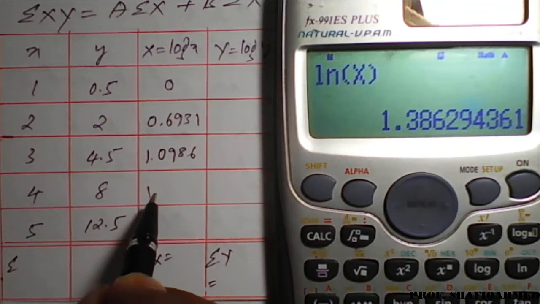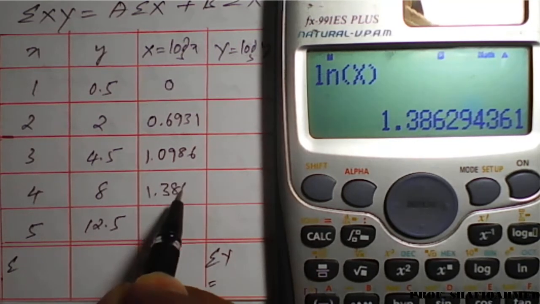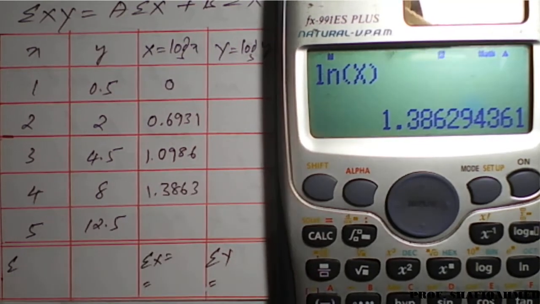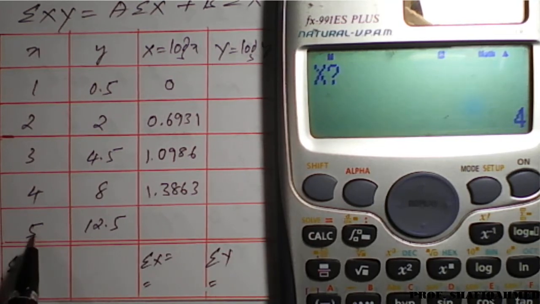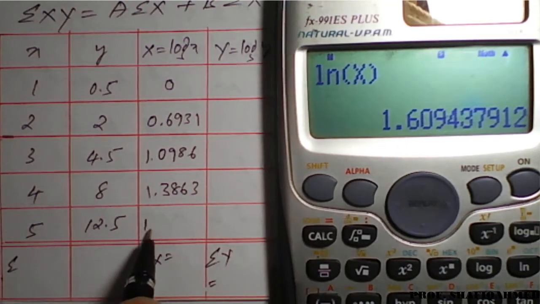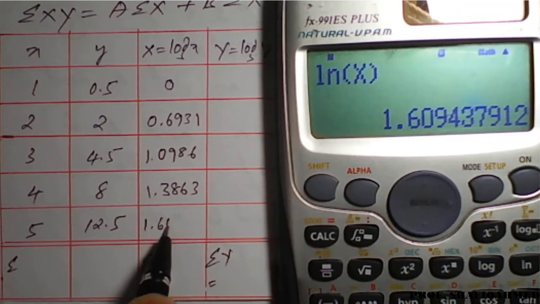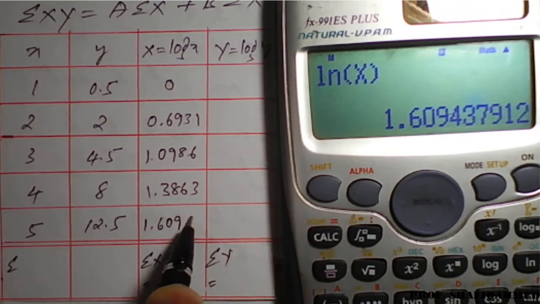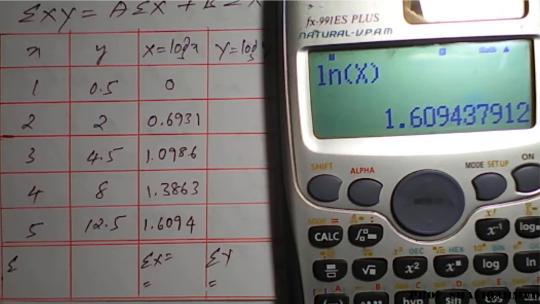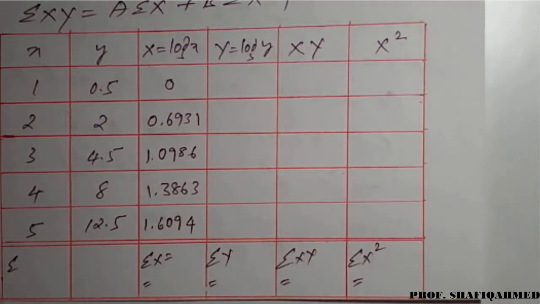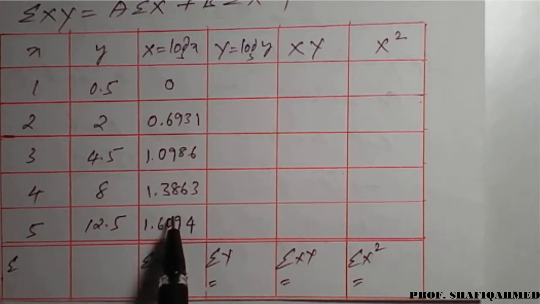Similarly, when x is equal to 5, it will be 1.6094. In that way we have completed the capital X column.